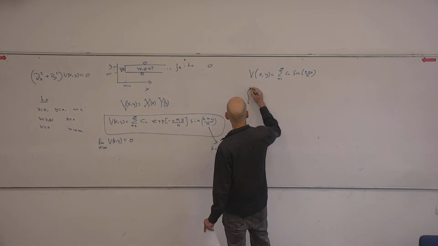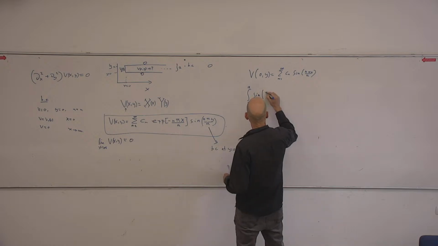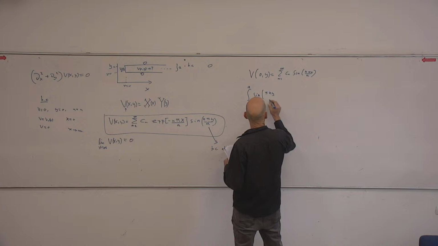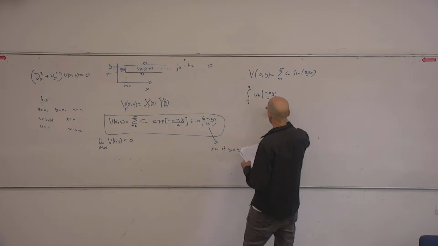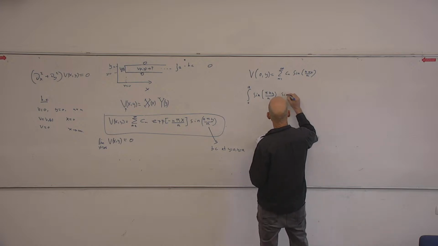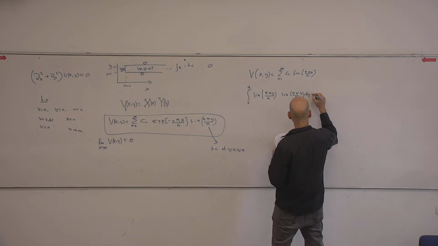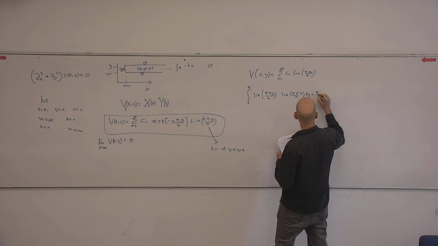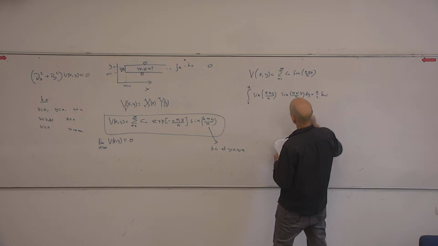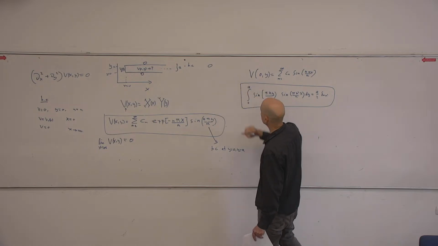So what is it? It's a very simple integral: the integral of sine pi n y over a times sine pi n prime y over a dy is equal to a over 2 delta n n prime. You saw these types of integrals, but they are important.